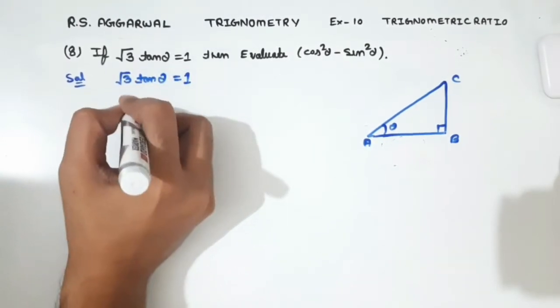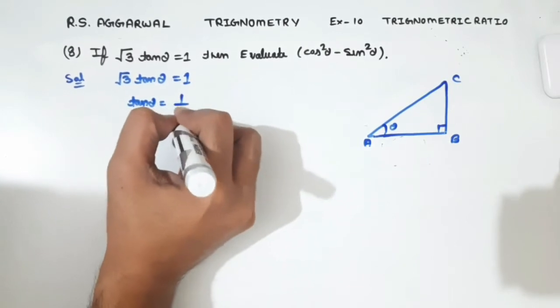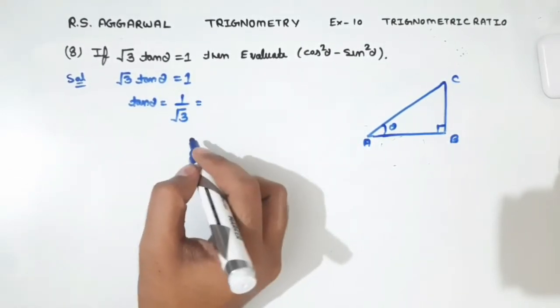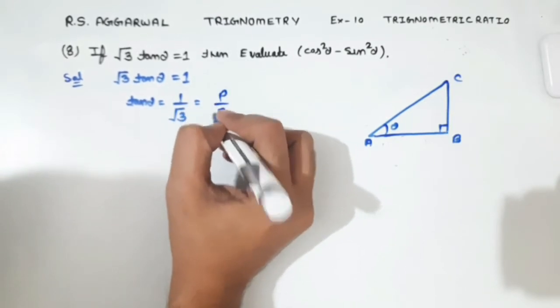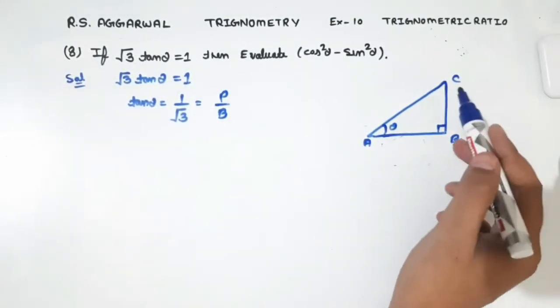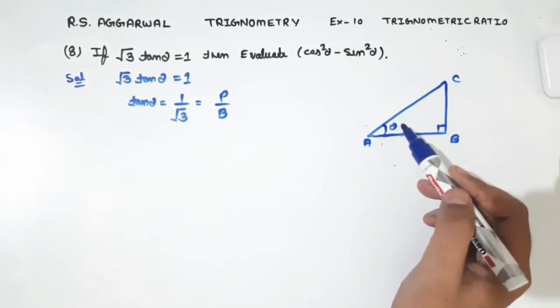So from here tan theta will be equal to 1 upon root 3, and we know that tan theta is given by perpendicular upon base.